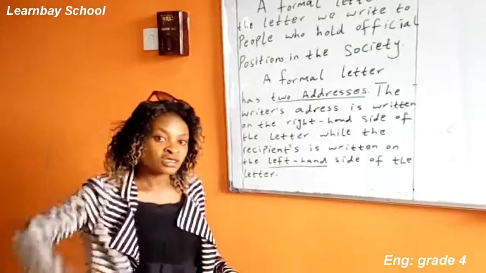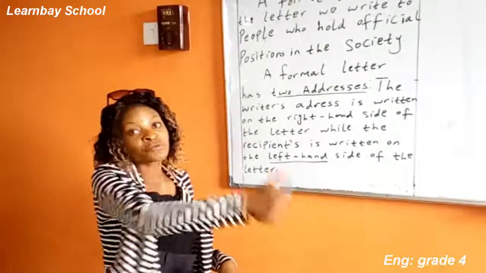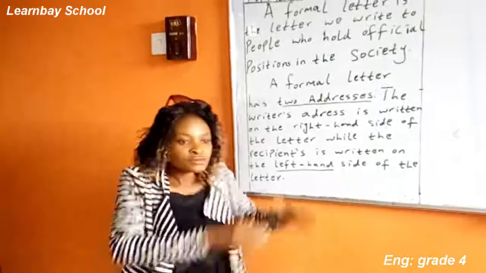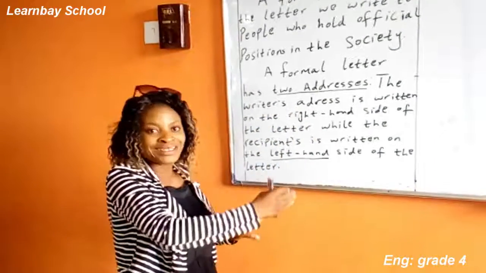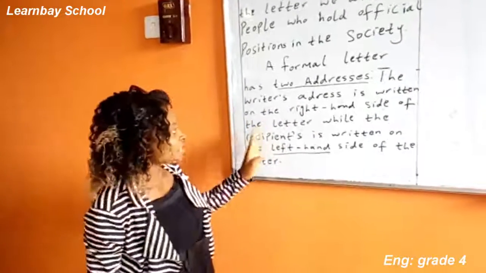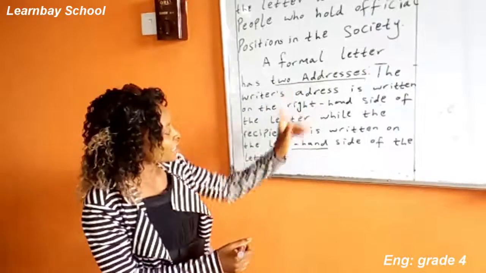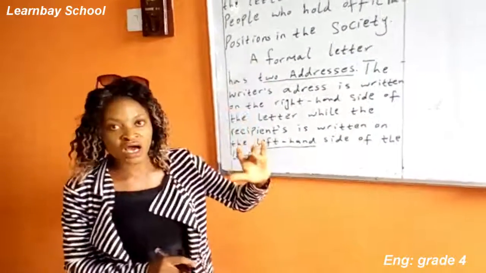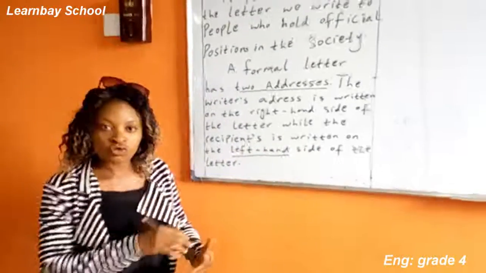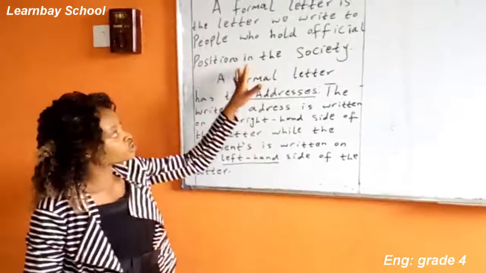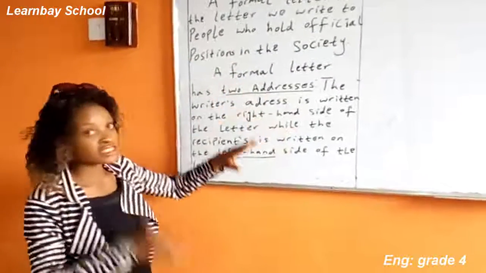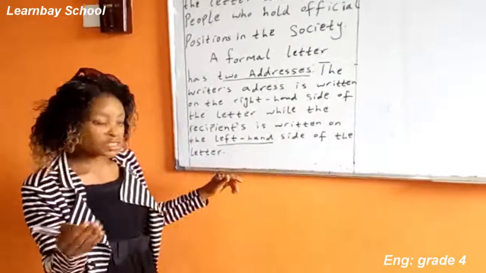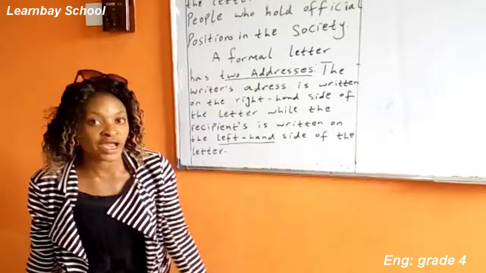And the recipient's address, that is the person you're writing to, should be written on the left hand side. You can see them highlighted here. So, once again, formal letters are written to those that hold official positions in the society, and they have 2 addresses, one written on the right hand side and the other on the left hand side.